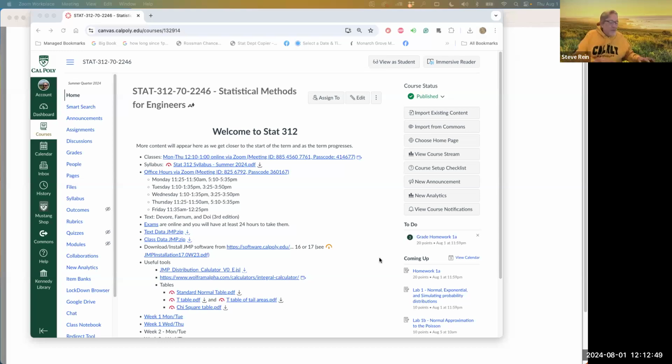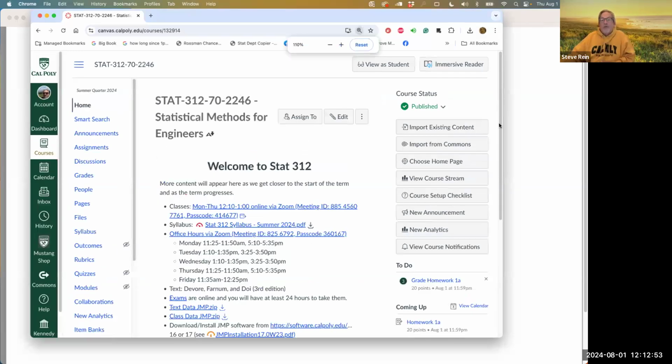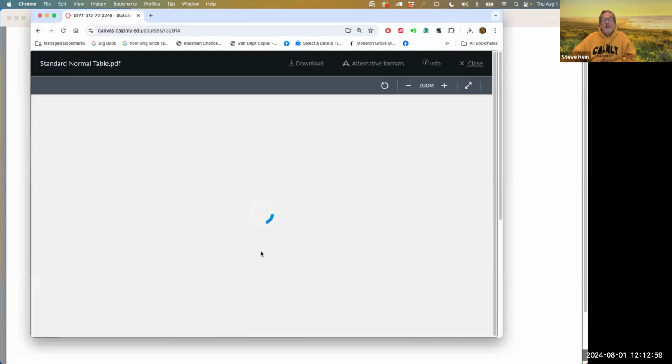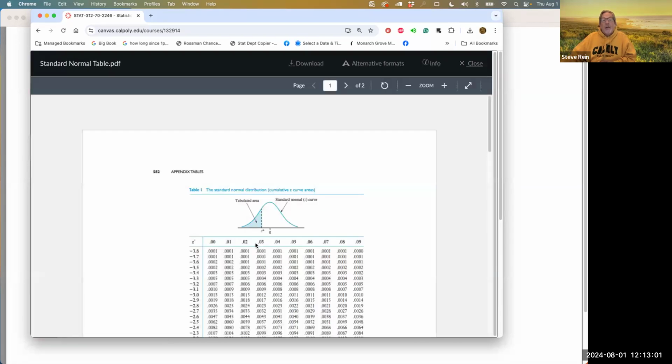I will draw your attention to, let me share a screen. So hopefully you can see in front of you now Canvas for this class. The normal table probably is the one that I was drawing your attention to, and it gives cap phi, the cap phi function for any particular value of z.